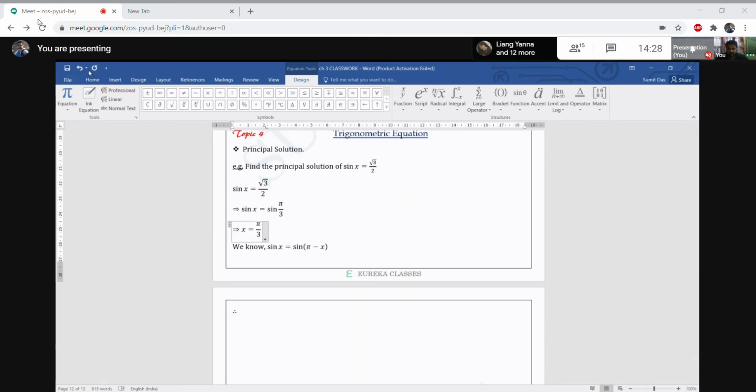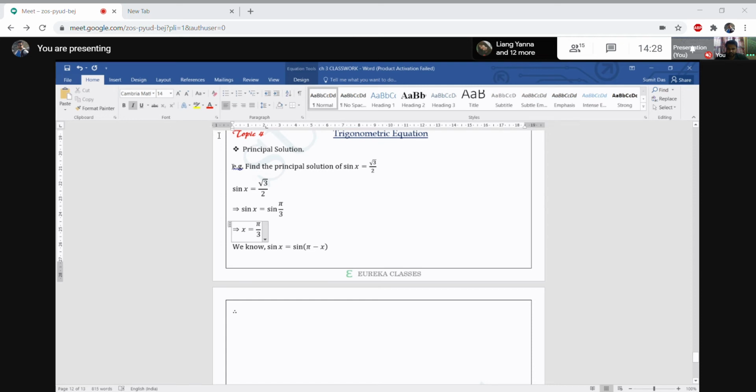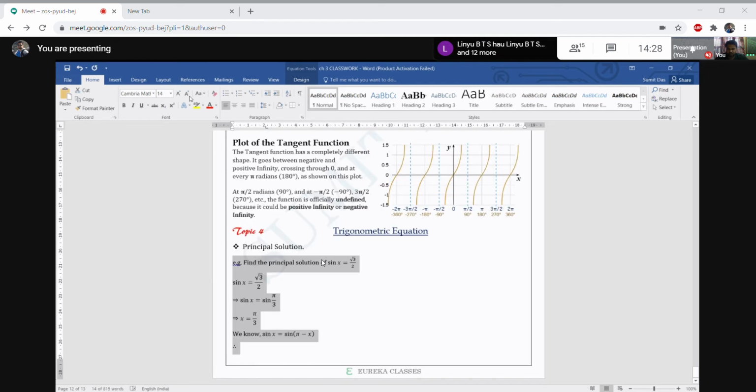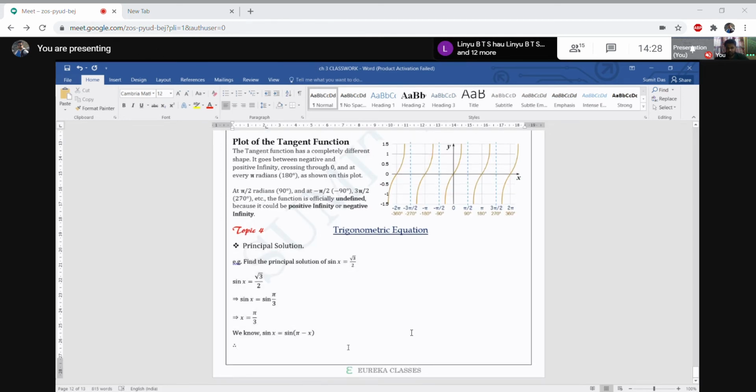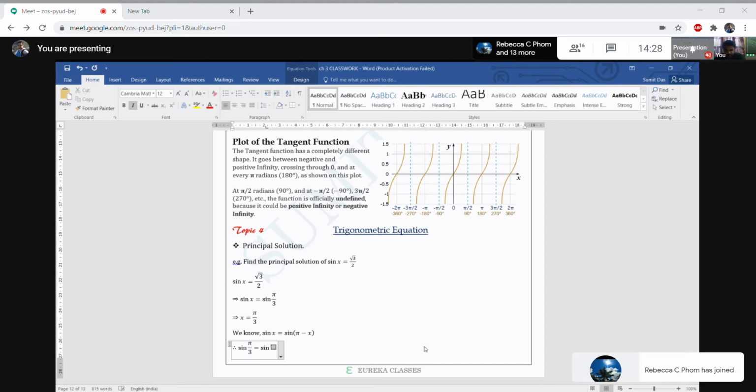Now let me write, we know sin x equal to sin pi minus x, right? So therefore sin pi by 3 is equal to sin pi minus pi by 3.